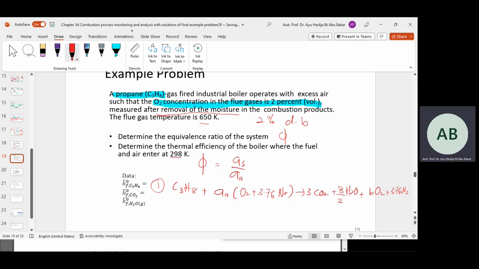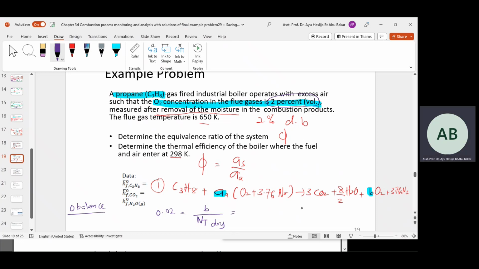Okay, we have two unknowns, the A actual and the B. Generate the two equations using the O balance, and another one using this info, the 2% of O2. So the 2% of O2 is 0.02 B over the N total. N total over here is the dry.